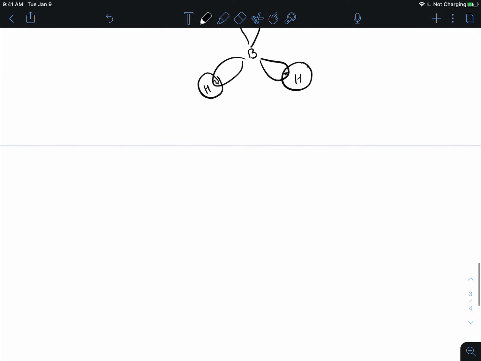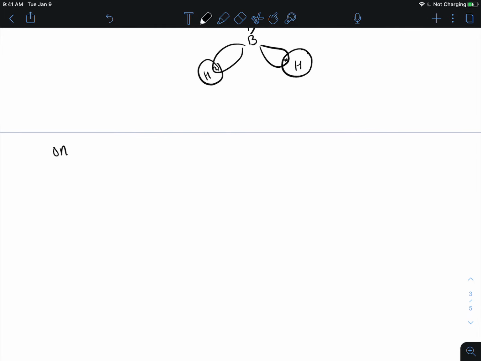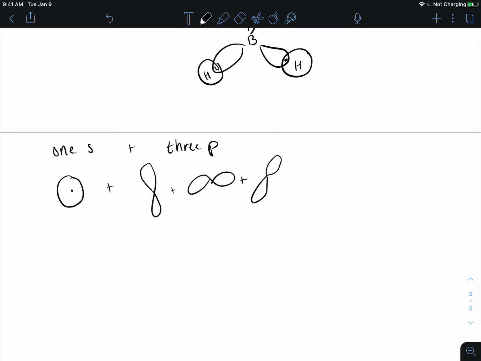Our next one is one s plus three p. And one plus three gives us four sp3 orbitals, which are 109.5 degrees.